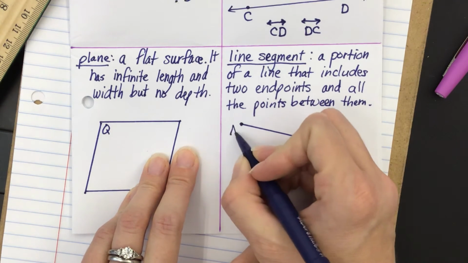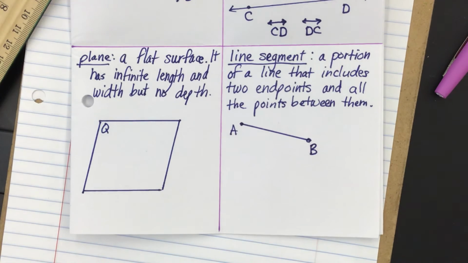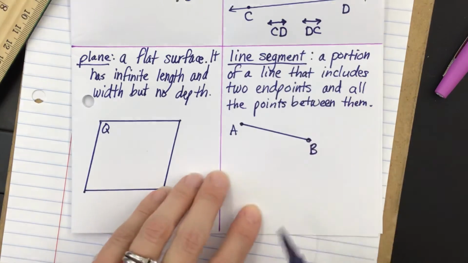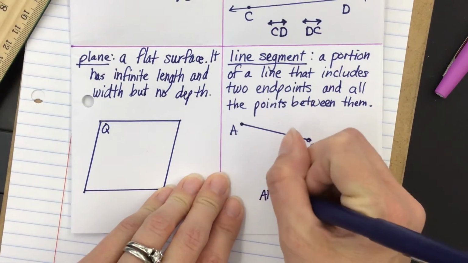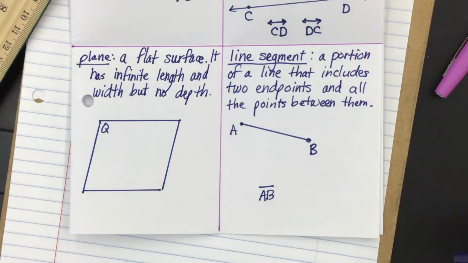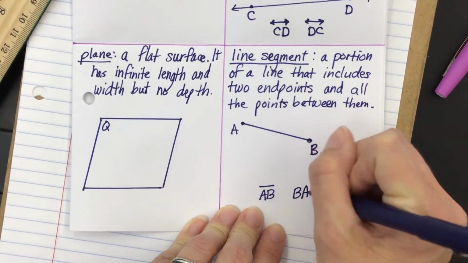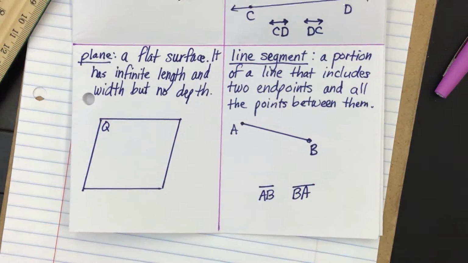So we'll call this A and B. Now when we are referring to a line segment, we write it just like we would for a line, except we do not put arrows on that line. So we could call this line segment AB, and we know that it's a line segment because it does not have arrows. We can also refer to this line segment as BA because it doesn't matter the order.